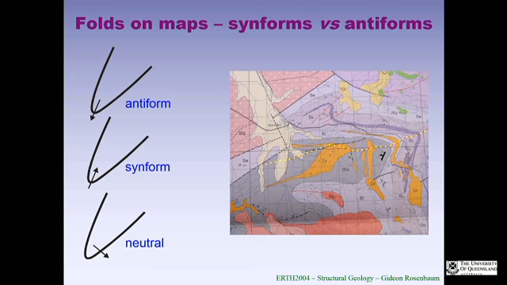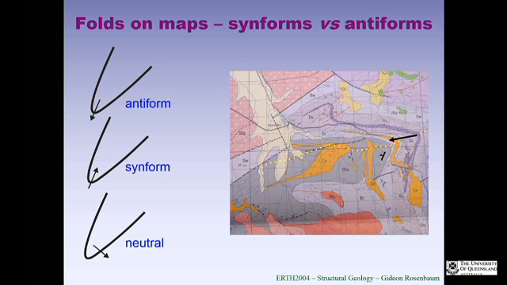So the structure, the bedding is going into the structure. So that is going to be a synform, right? It is a structure where the bedding orientation is going into the structure. So it's a synform, and the fold plunge, therefore, is going into the structure as well.